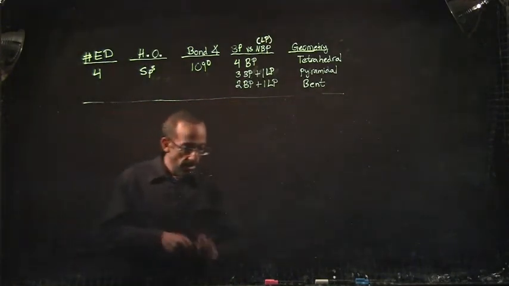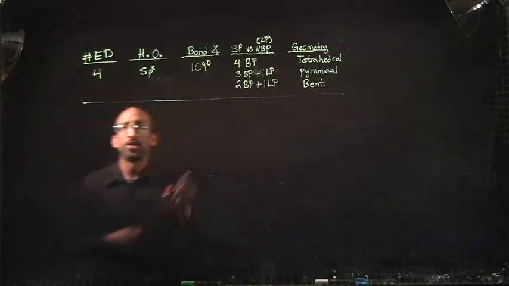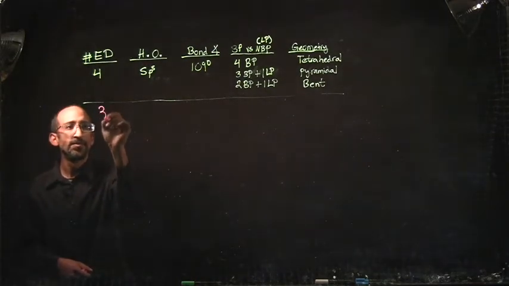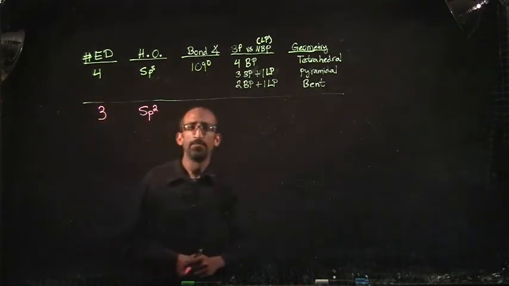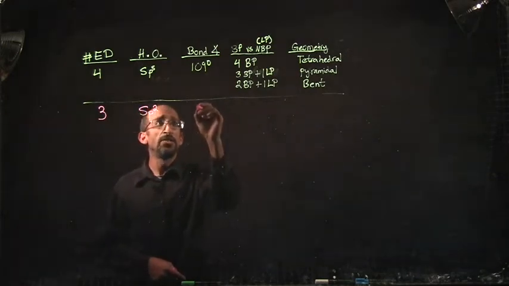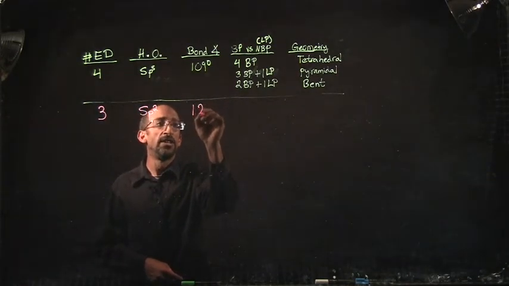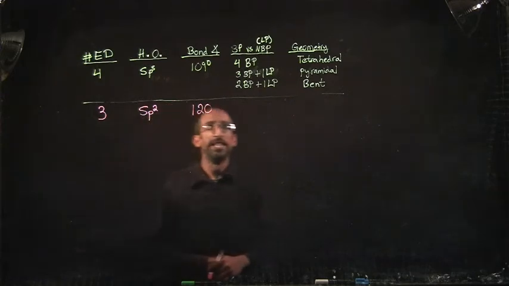Moving now to 3 electron domains. This will use the sp2 hybrid orbital set. Our bond angles will be 120 degrees.